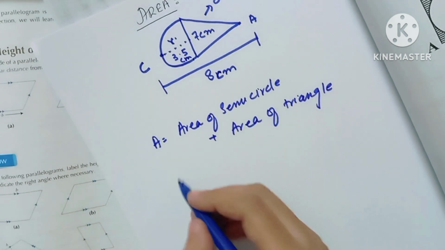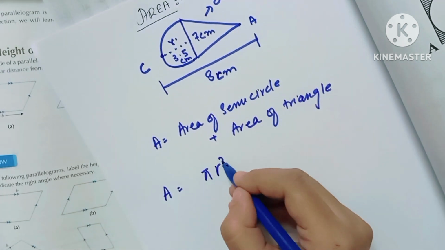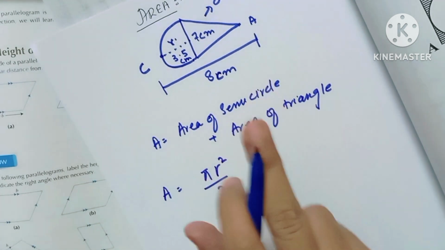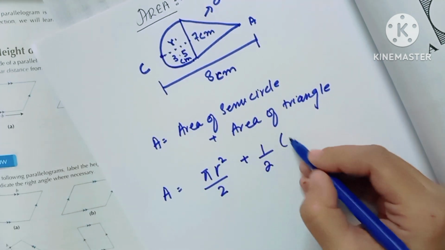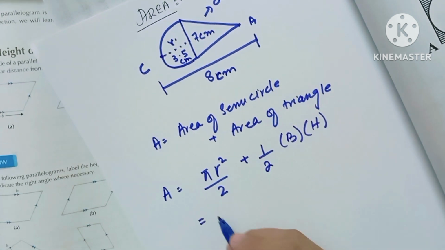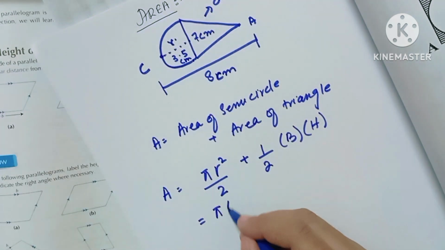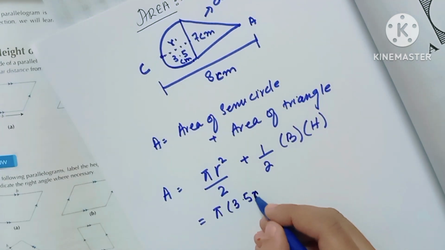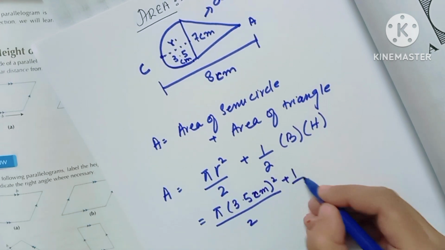Area of a semicircle is pi r square divided by 2 because it is a semicircle. And the area of the triangle is 1 over 2 base multiplied by height. So pi has its own value, r is 3.5 centimeter and squared, then plus 1 over 2.